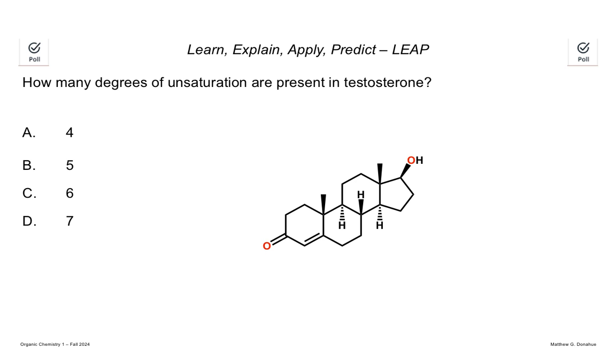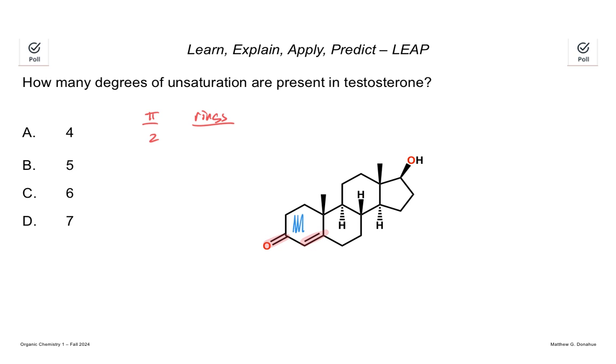How many degrees of unsaturation are present in testosterone? So we're given the structure. Let's just make a little table. How many pi bonds? We have 1 as a carbonyl, 2 as an alkene. So 2. How many rings?